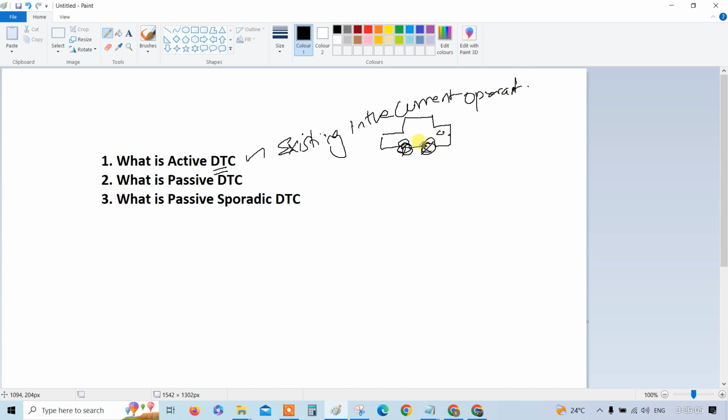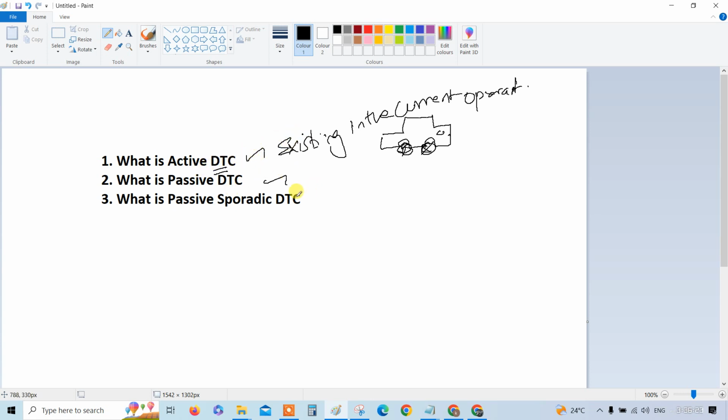Operation cycle means as soon as you turn on the car and you are driving, that is your current operation cycle. It's kind of a state. At that particular time instant, you have the DTC active. So that is called active DTC.